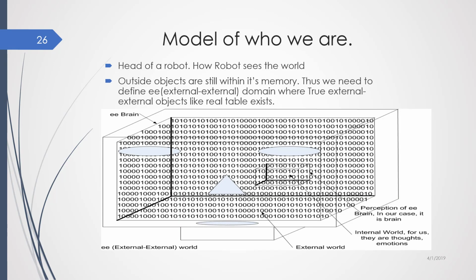Guys, let us first understand how the robot sees the world and additionally how the robot sees itself. Let us first draw the head of the robot. This is the head of the robot that we saw walking and climbing in the video.